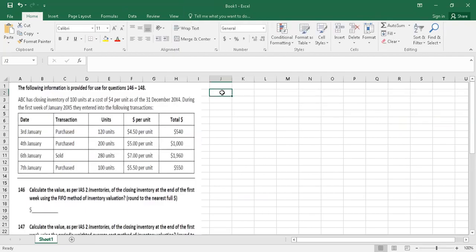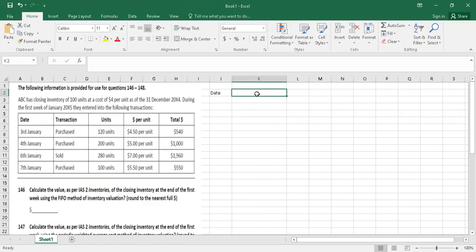So let's start with a date column. A bigger one, which has to write the details about the transactions.